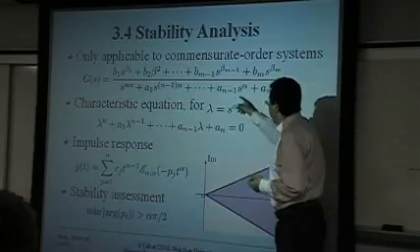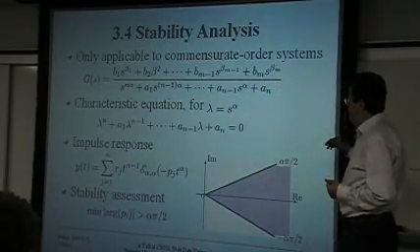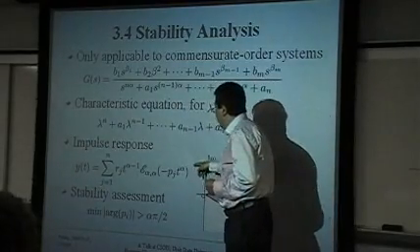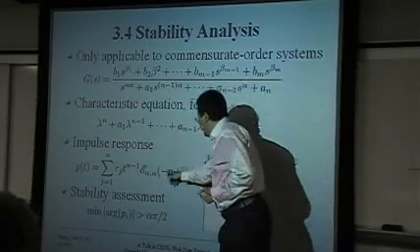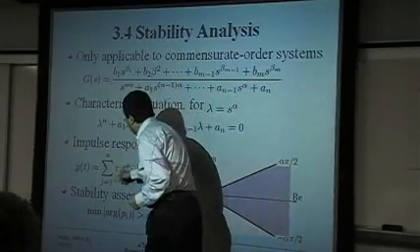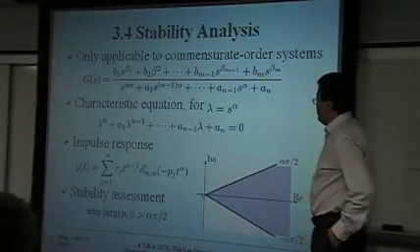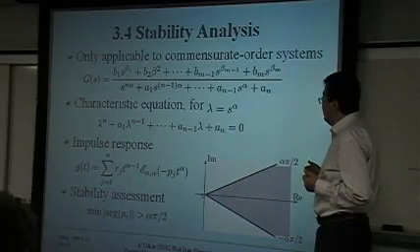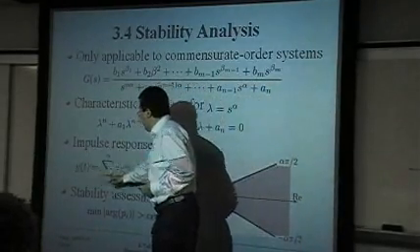And another important factor is alpha. So the impulse response of the system can be written like this. Well, these are the poles of the system, and these are the numerical values of the system. So if we express it in partial fraction expansion, we can get the result like this.